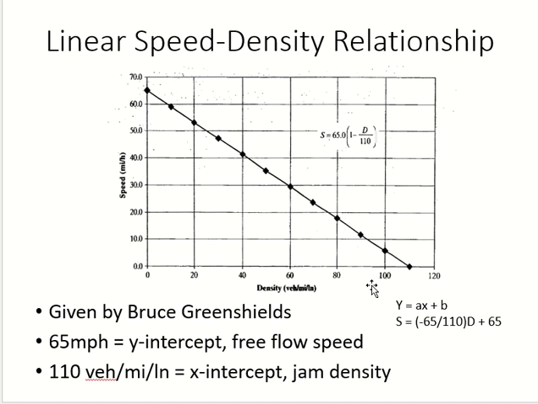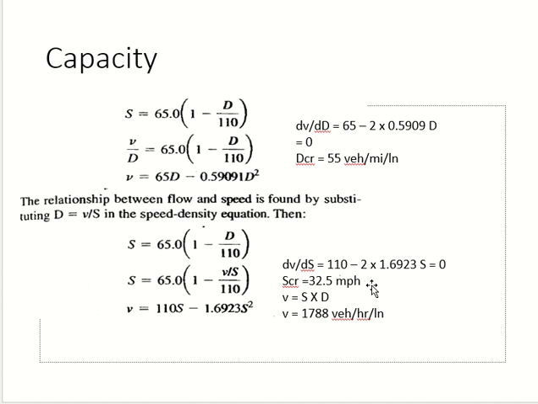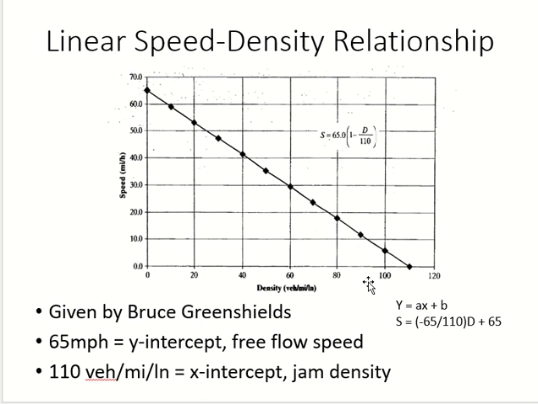What's the relationship? Half. So the critical density is half of the jam density. My critical speed is 32.5 and the free flow speed is 65. What's the relationship? Half.